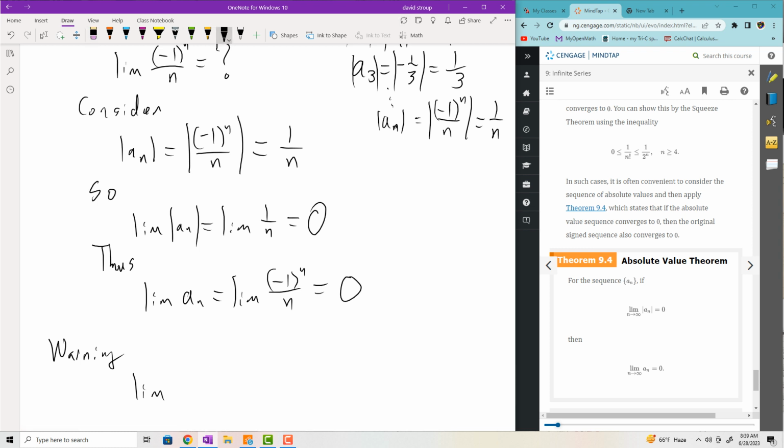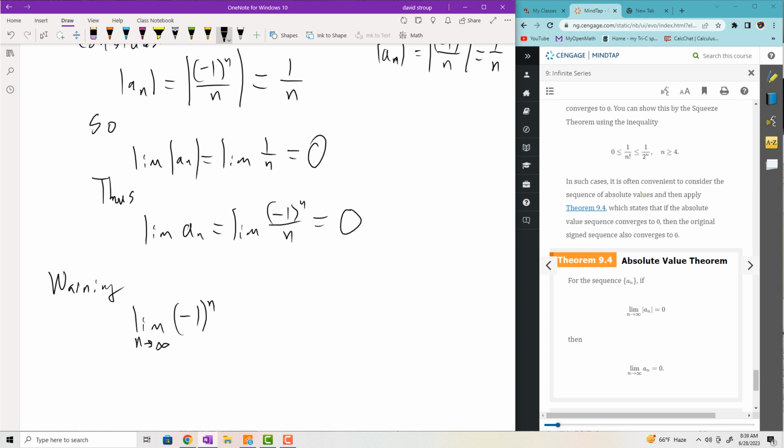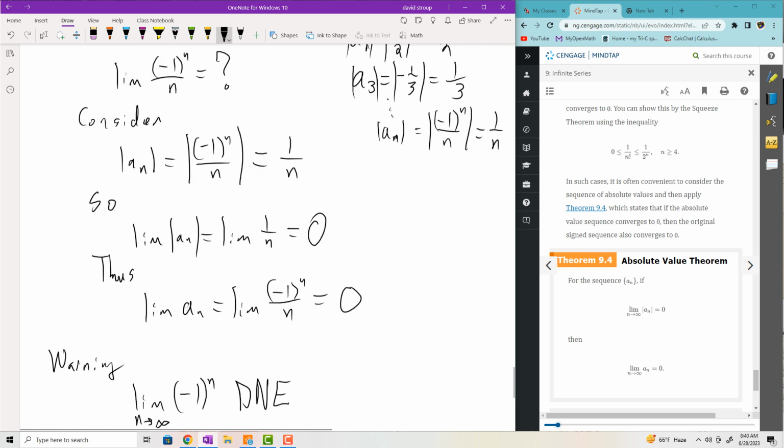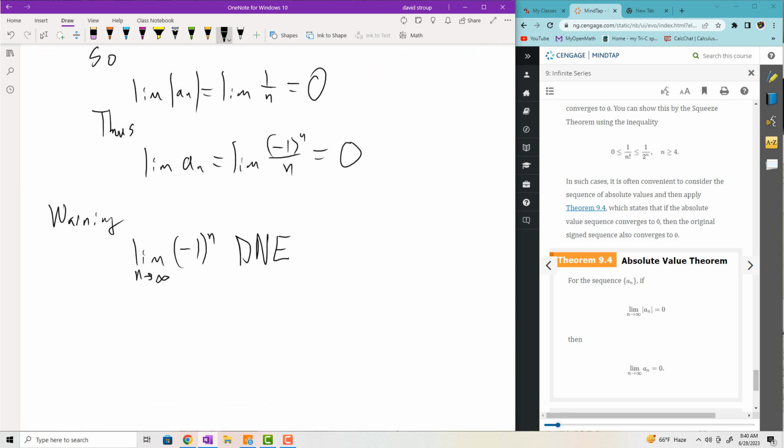But maybe -1, just (-1) to the n as n goes to infinity. This is one of those the even terms go to 1, the odd terms go to -1 type. So this limit would not exist. And so it's different. You really need to have something, it has to go to 0.